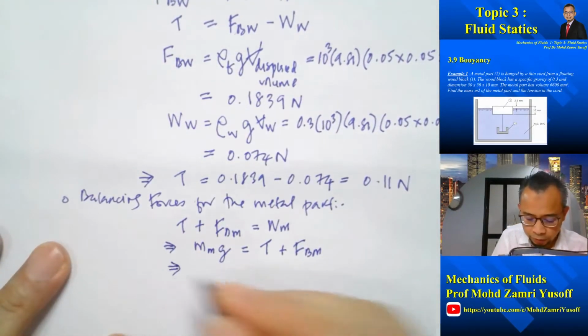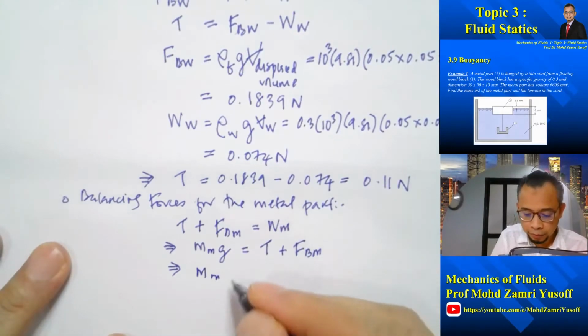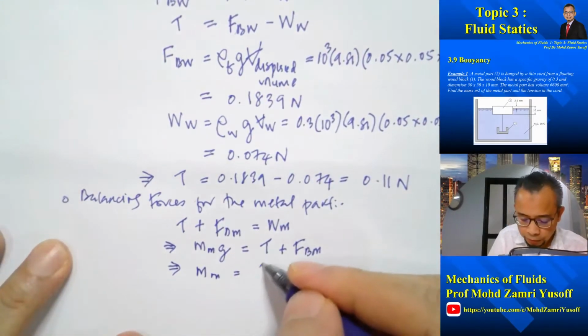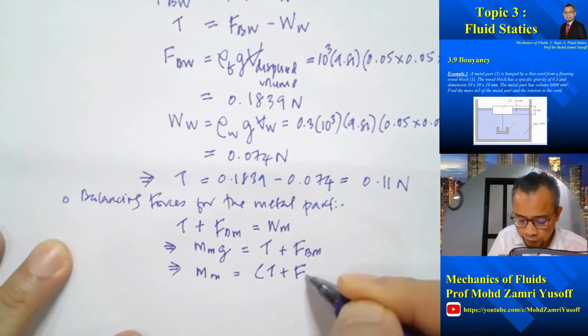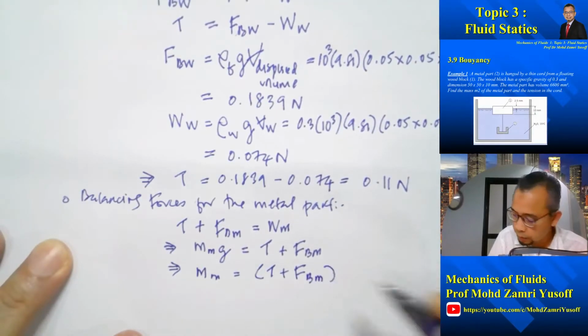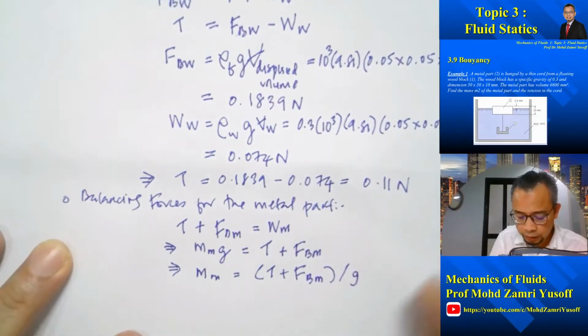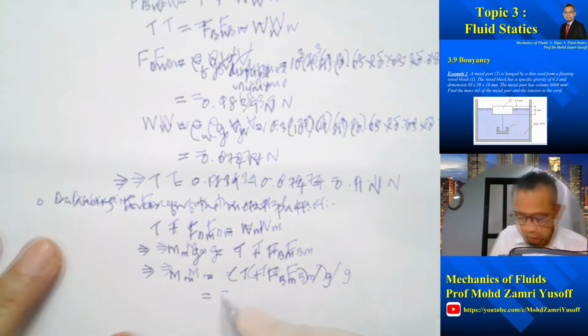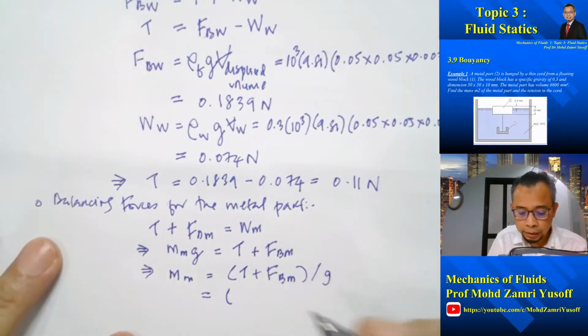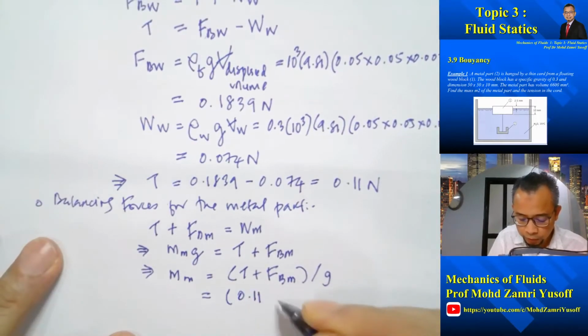This allows me to calculate the mass of the metal, which will be equal to T plus F buoyancy metal divided by G. We have already calculated the tension in the wire, 0.11 Newton.